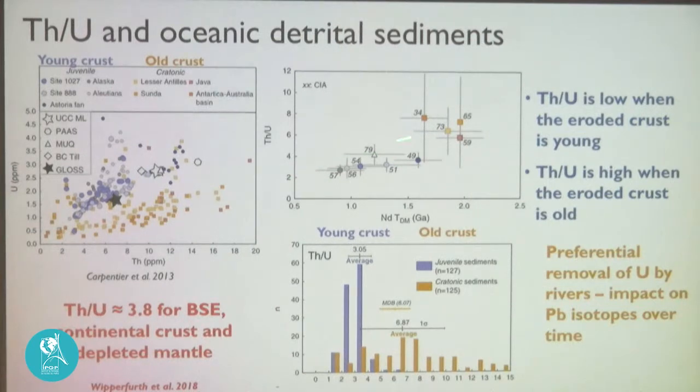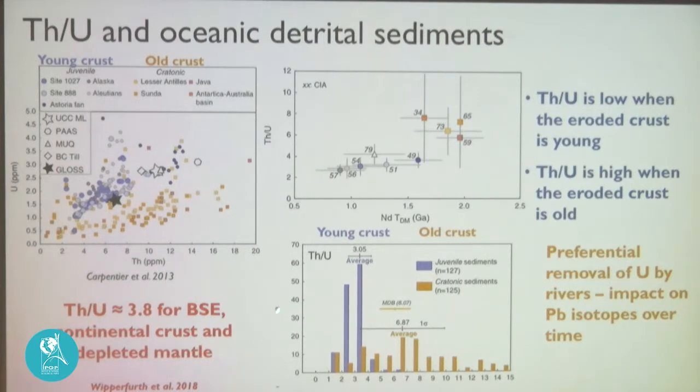We could even plot the ratio of the two elements as a function of the model age of the area that has been eroded, and we see that the blue dots here, young, have a low thorium-uranium ratio, while the older terrains provide a much higher thorium-uranium ratio.